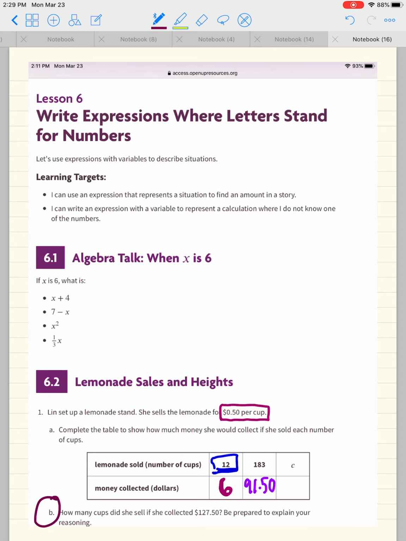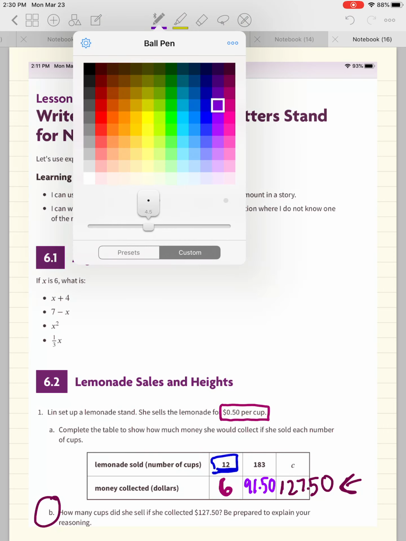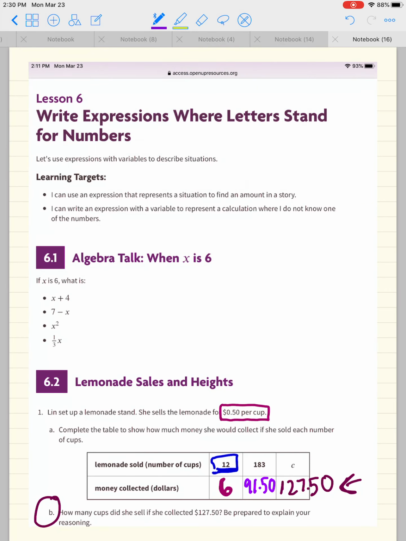Okay, so I just want to point out that we know that the $127.50 is going in this column and not where C is. So if we know that 127.50 is half of C, we need to do the opposite of half in order to find it.